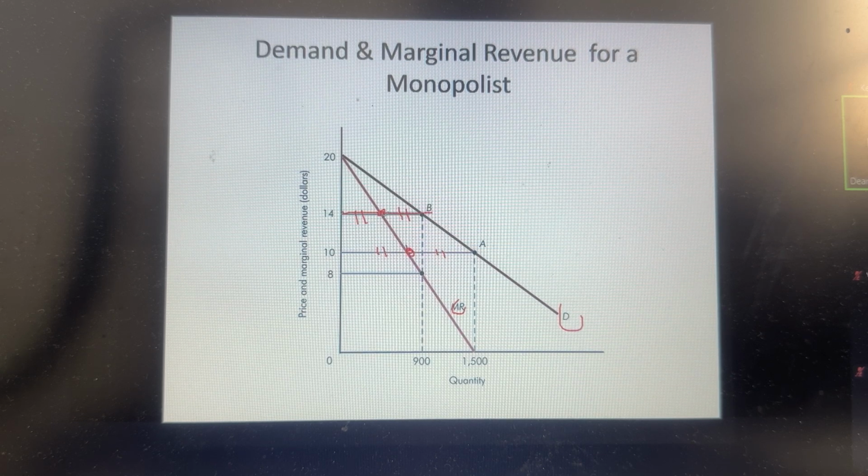So MR should go to this point, and if you extend this demand curve until it touches the quantity axis, what is the number here? 3,000. Okay, the answer is correct. Then these two segments become equal. That is how you can draw the twice-as-steep MR curve for the monopolist.